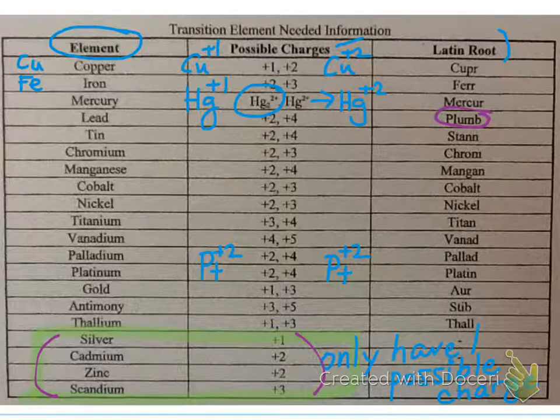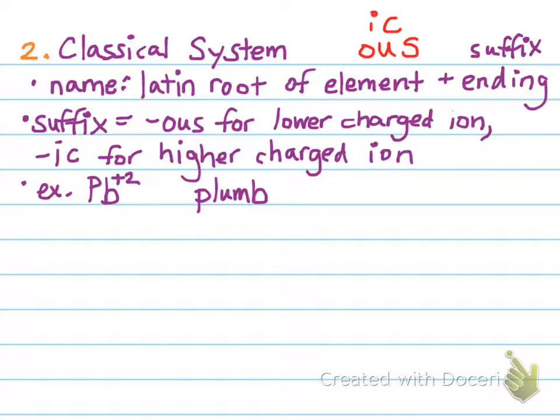So I find my lead, and +2 is the lower charged of the two choices. So it's going to get the ending ous. Okay, and we still add the word ion. So this is plumbous ion. So the other way to name lead 2 ion is to call it plumbous ion.